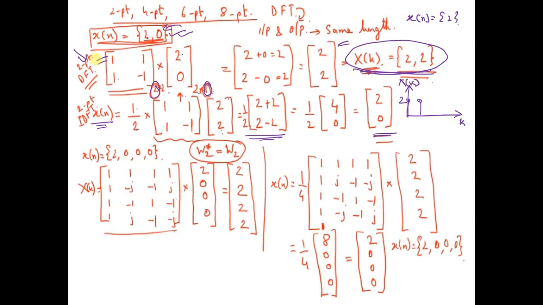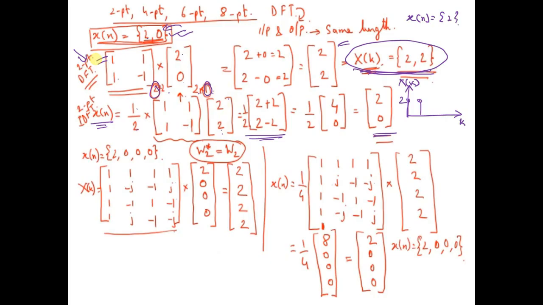But we are not going into the analysis part. What you need to understand is that the analysis part will come a bit later on. From here I am just trying to make you understand how the forward discrete Fourier transform and the IDFT work.